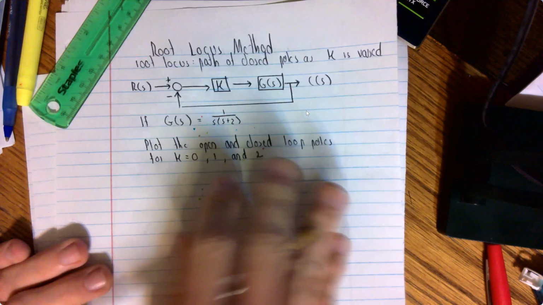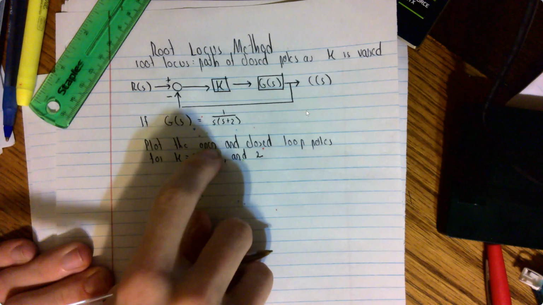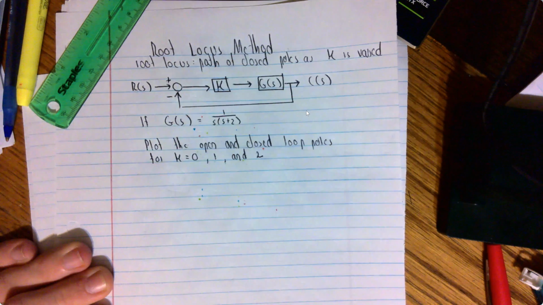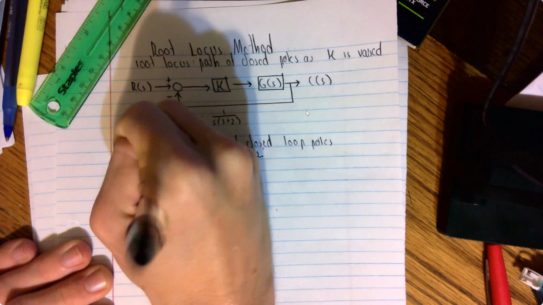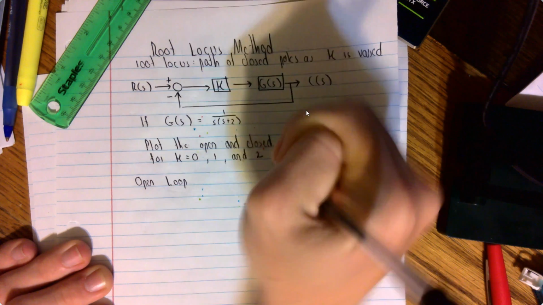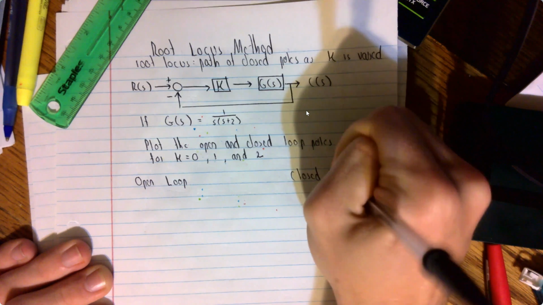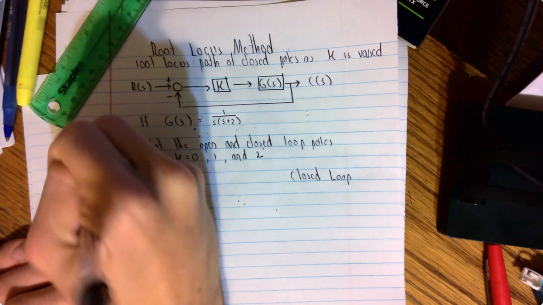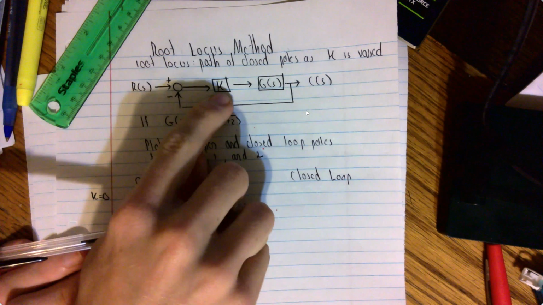So what we have to do here is basically our open loop is just the forward loop system. And so that would just be for open loop versus our closed loop. So this is going to be when K is equal to 0 here. It's just going to be 0.